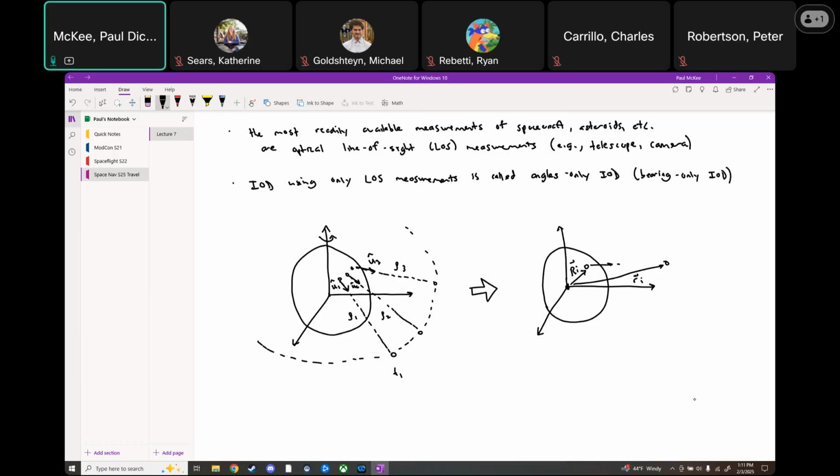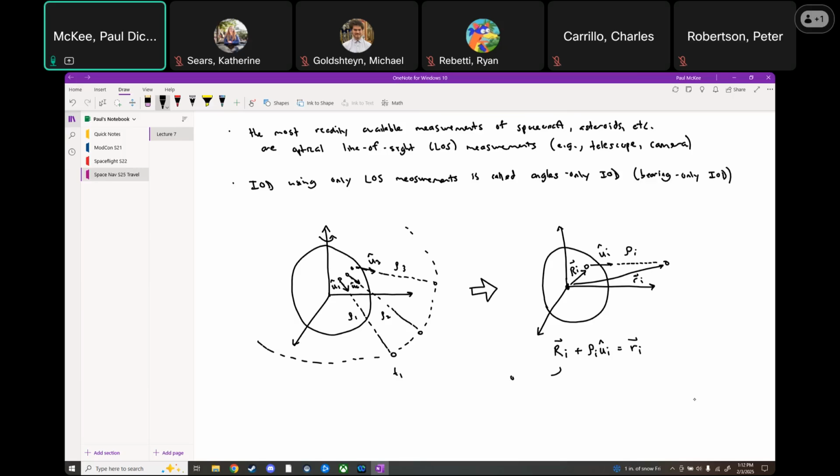The line of sight direction, which points to the spacecraft, is u_i, and the distance is rho_i. So that builds up this equation: the vector from the center of the Earth to the observer, plus the line of sight direction scaled by some unknown range, is equal to the spacecraft position.